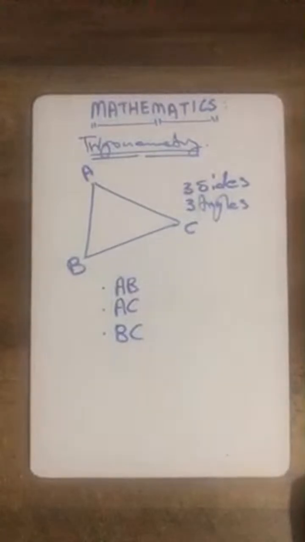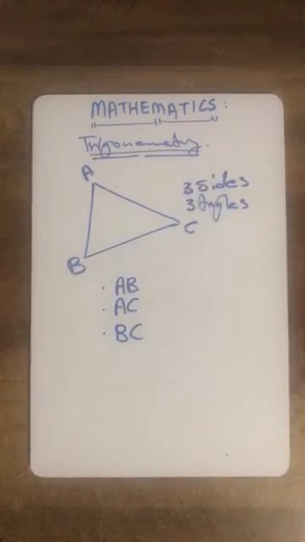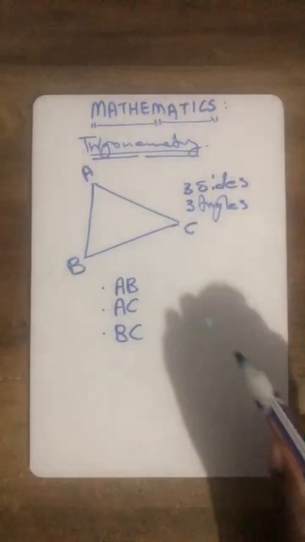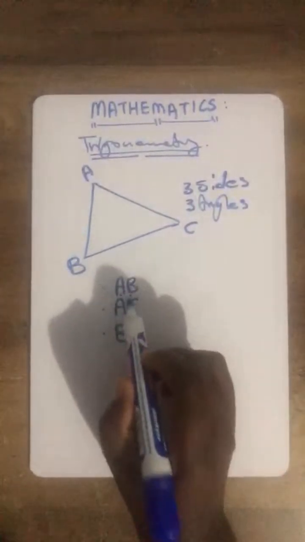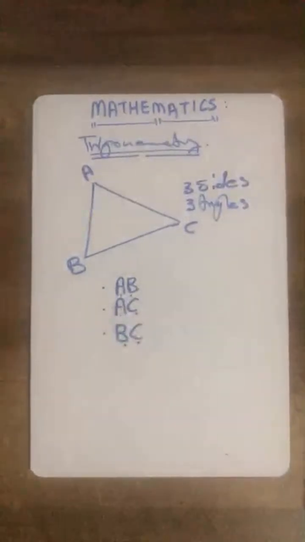Notice how I'm representing these sides alphabetically: A comes first and then B, A first then C, and then B, C. That's how you formally represent two points in mathematics.